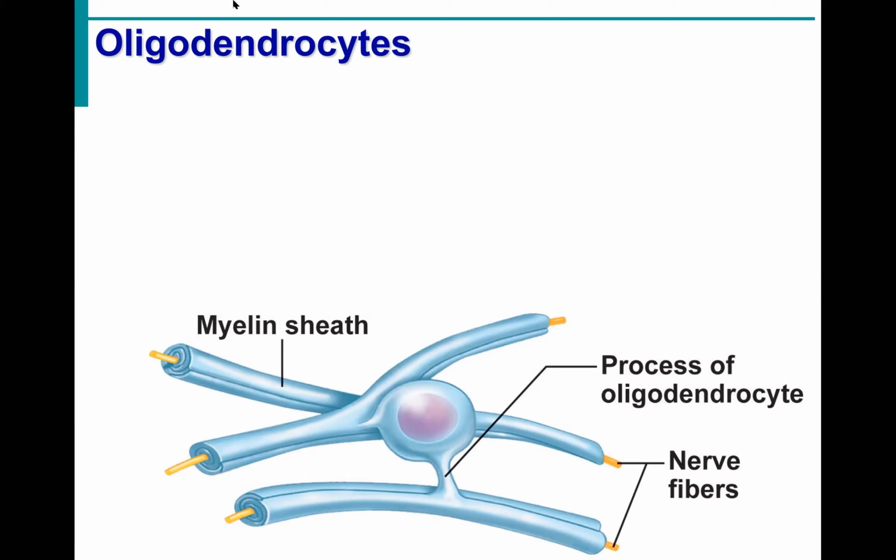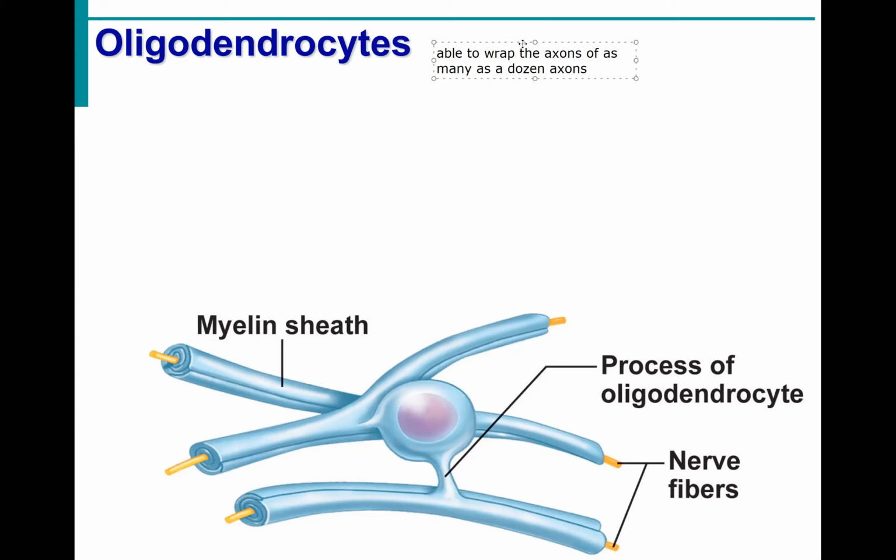However, the big difference between the oligodendrocytes and the astrocytes is our oligodendrocytes are able to wrap around the axons, and only the axons, of as many as a dozen different axons.